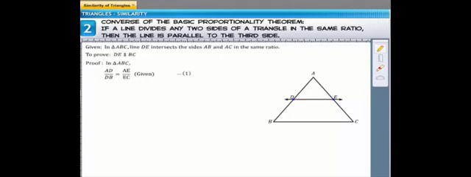Let's assume that DE is not parallel to BC. If DE is not parallel to BC, draw a line DE' parallel to BC. Since DE' is parallel to BC, by the basic proportionality theorem, we have AD by DB is equal to AE' by E'C. Let's assign this observation as equation 2. From equations 1 and 2, we get AE by EC is equal to AE' by E'C.